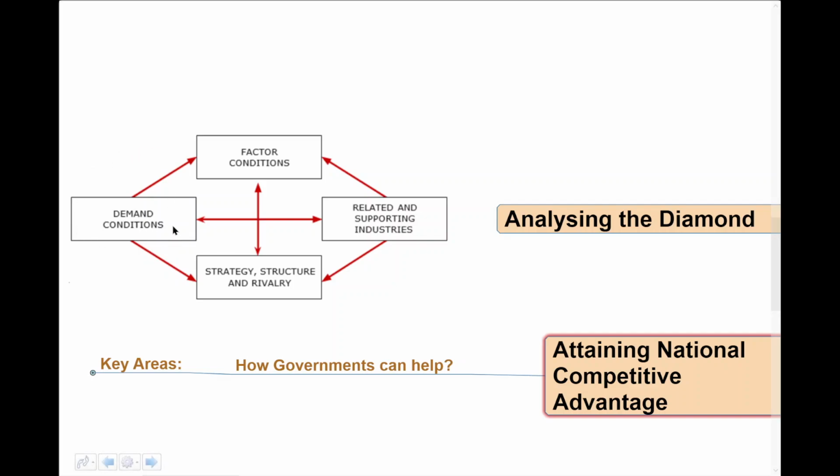In terms of demand conditions, we're saying that really not so much the volume of demand, not so much the number of consumers, we're talking about the conditions. We're saying that the German car buyer was quite sophisticated. In other words, the end consumer wanted good quality, wanted innovation, wanted some sophistication.